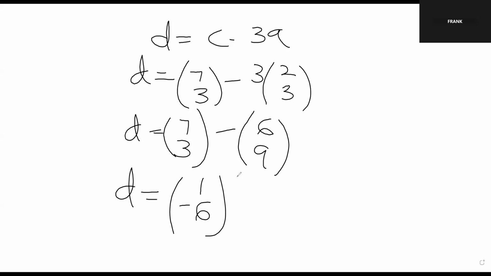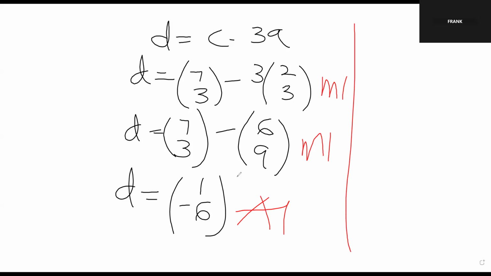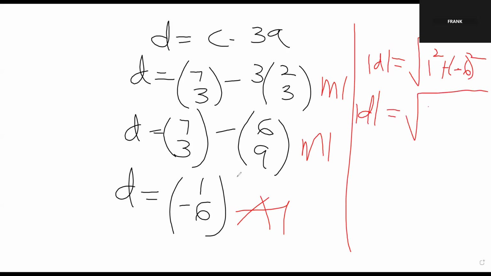Now for getting our vector D, what's the score? Correct substitution of values, you have your M1. Then you subtracting, you have your M1. And the accuracy for the final answer. The next part is you have to find the magnitude of D, which is the square root of the x component squared plus the y component also squared. So what's the x component squared? 1 squared is 1.